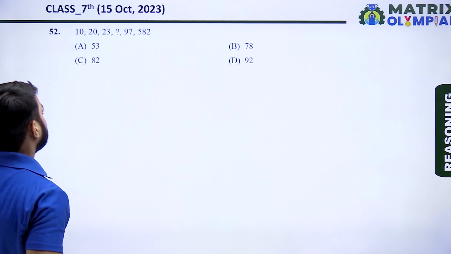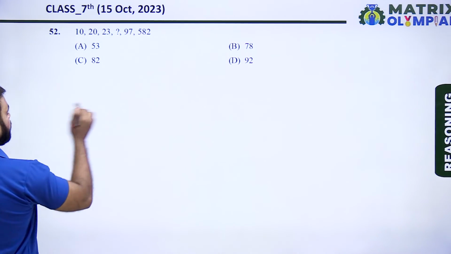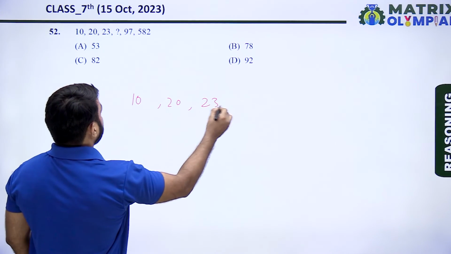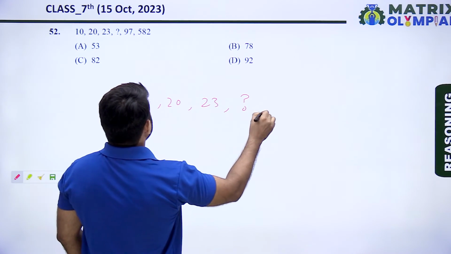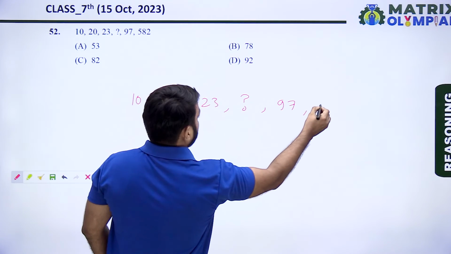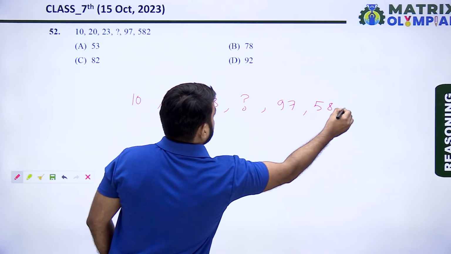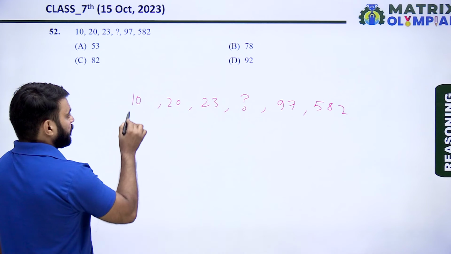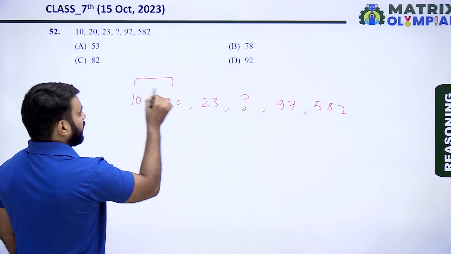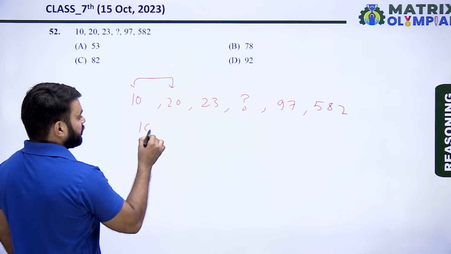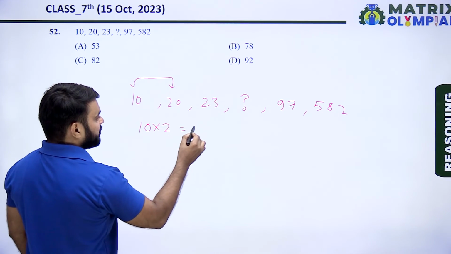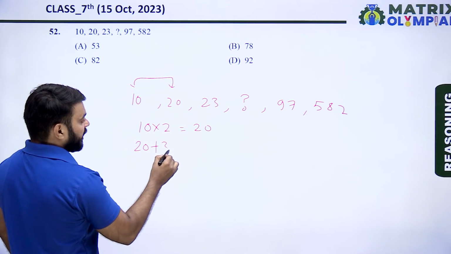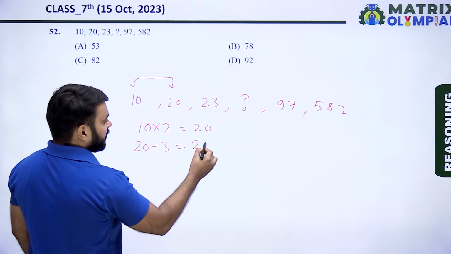So next question is 10, 20, 23, missing number, 97 and 582. So first find the pattern. So pattern 10 to 20, it means 10 multiplied by 2. It means 20. Now 20 plus 3, it means 23.